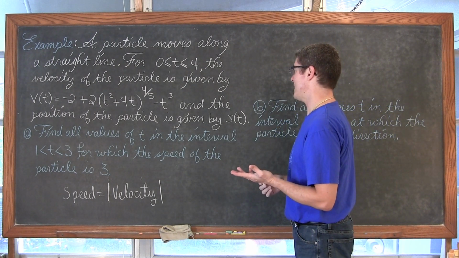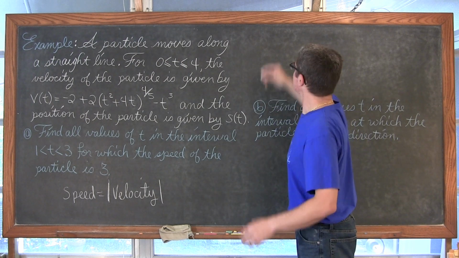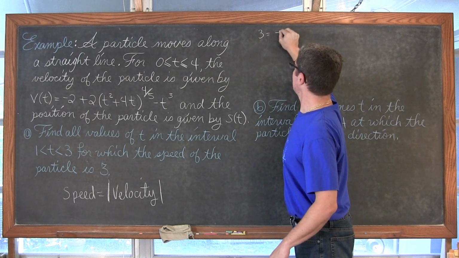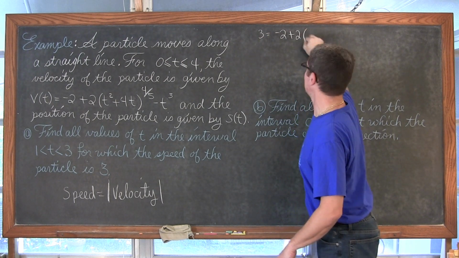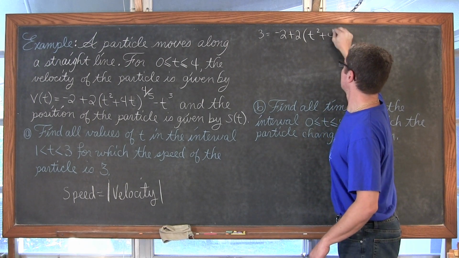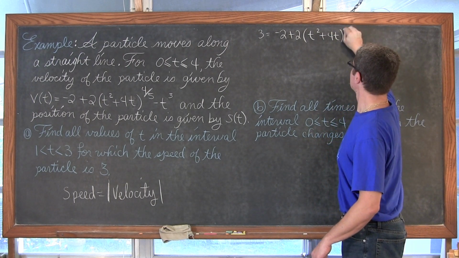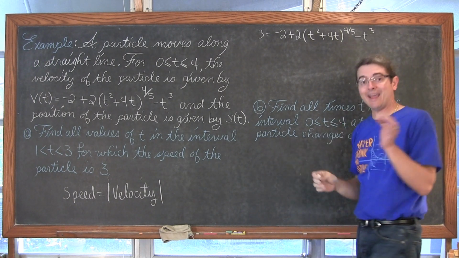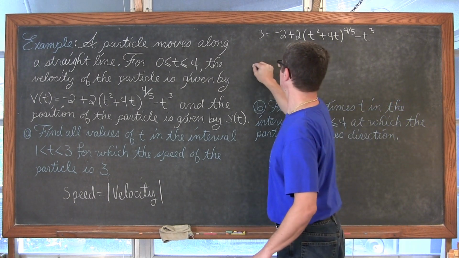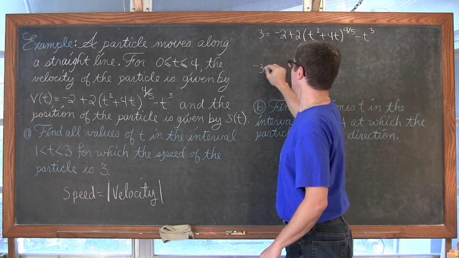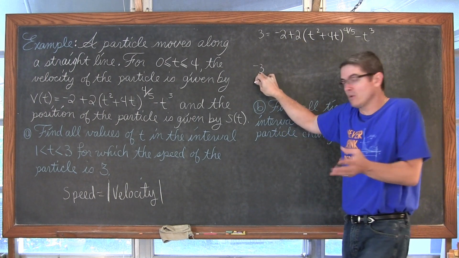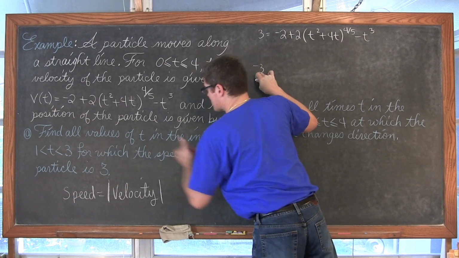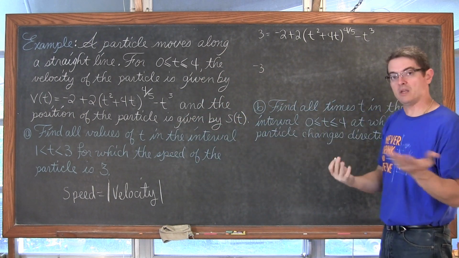We have that 3 is equal to negative 2 plus 2 times (t squared plus 4t) to the 4/5 power minus t cubed, and you also have to solve for this being equal to negative 3, because if the velocity is negative 3, the absolute value of negative 3 is 3, and we are looking for where the speed is equal to 3.